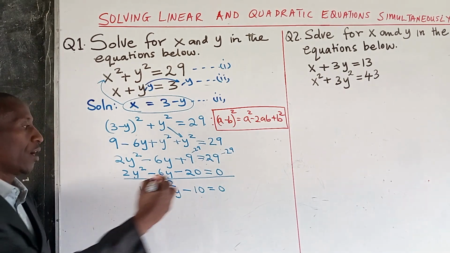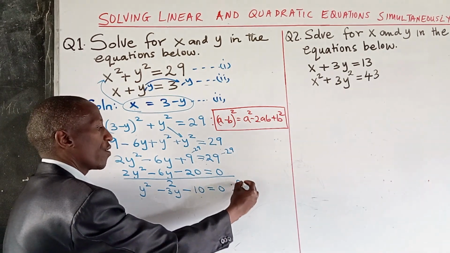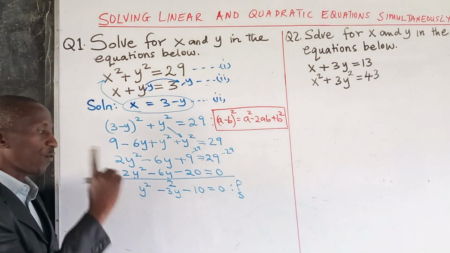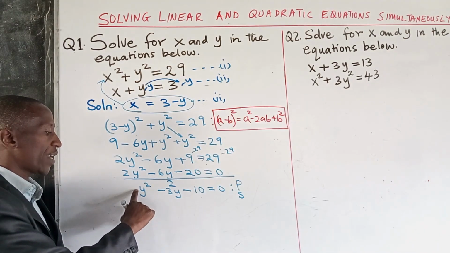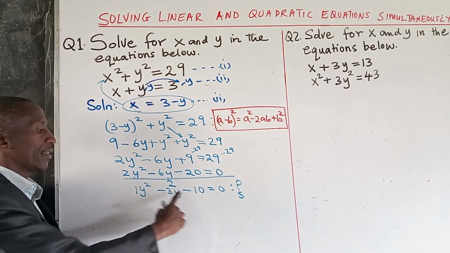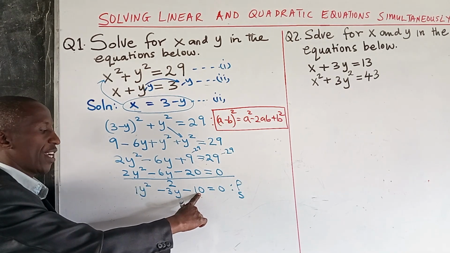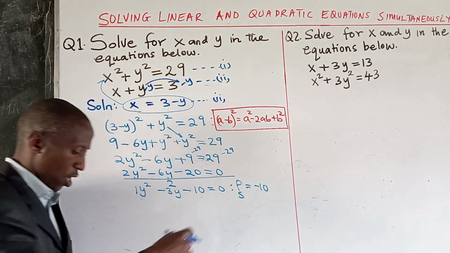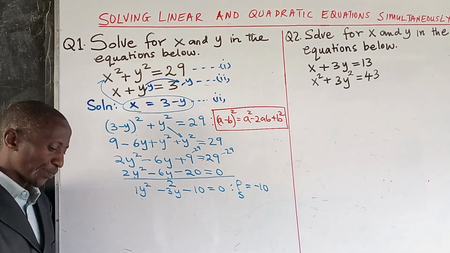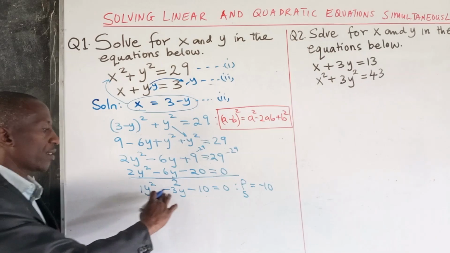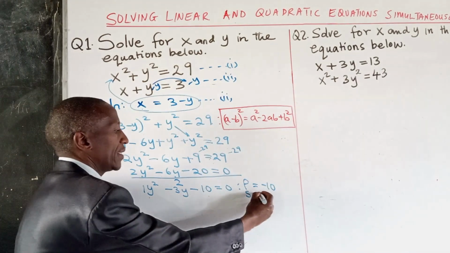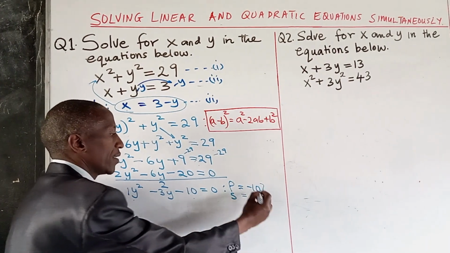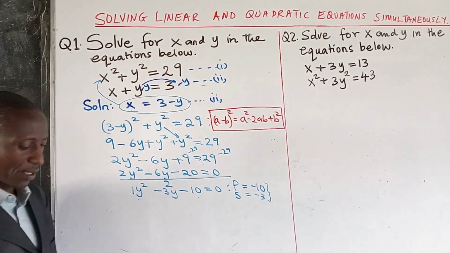In this case, we can talk about the product and the sum approach. We look for two numbers whose product is 1 times negative 10, and that gives us negative 10. We look for two numbers whose sum is negative 3. So viewers, take a few minutes.